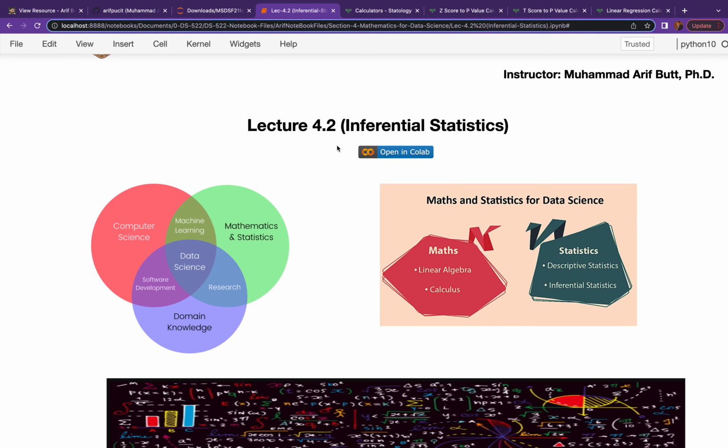Well, my dear students, in the last session we have covered in detail the descriptive statistics part, and today we are going to see the details of inferential statistics. So before proceeding, let me give a quick comparison.